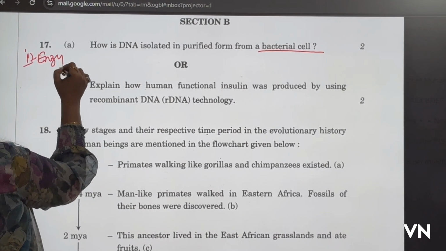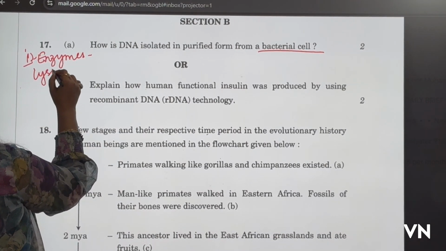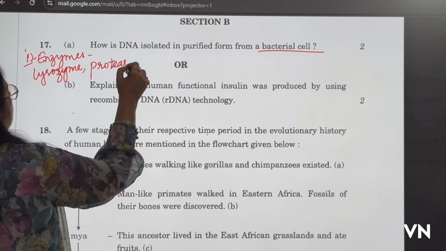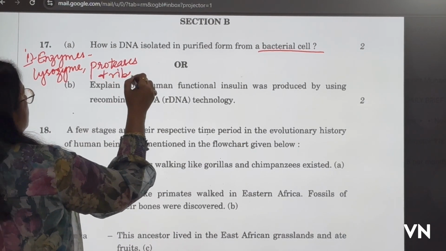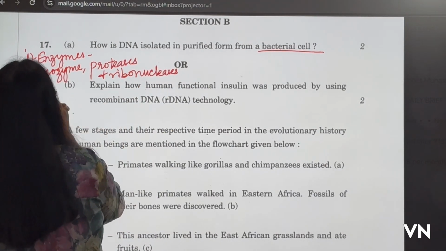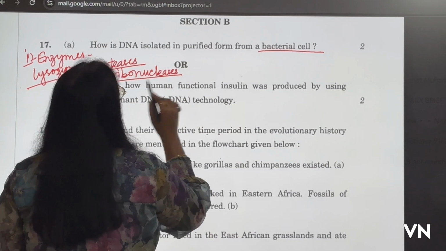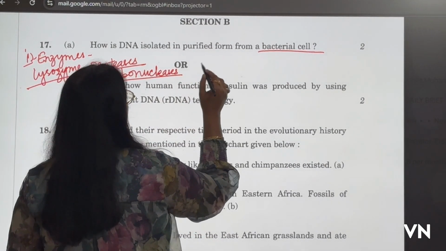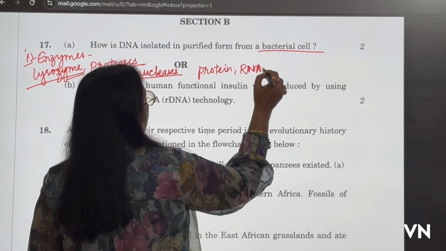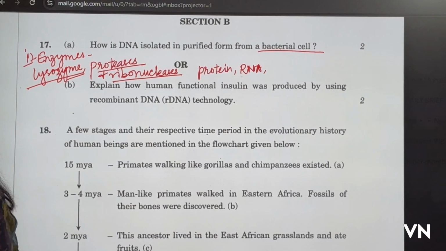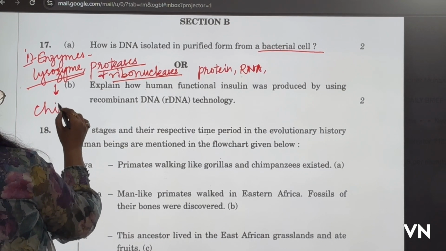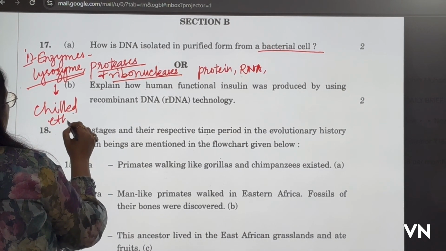Enzymes, lysozyme, proteases, and ribonucleases are used to remove materials like protein, RNA, and the cell wall of bacteria from the DNA, and then it is isolated with the help of chilled ethanol.